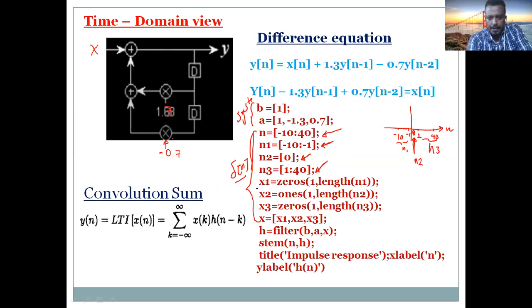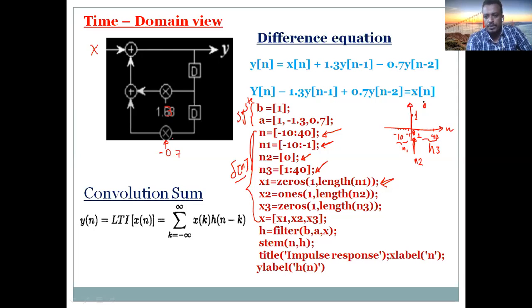Next, x1. Here you see x1, in the time range of n1, our unit impulse, all samples are 0. As you know, the impulse has amplitude 1 only at n equal to 0, right?